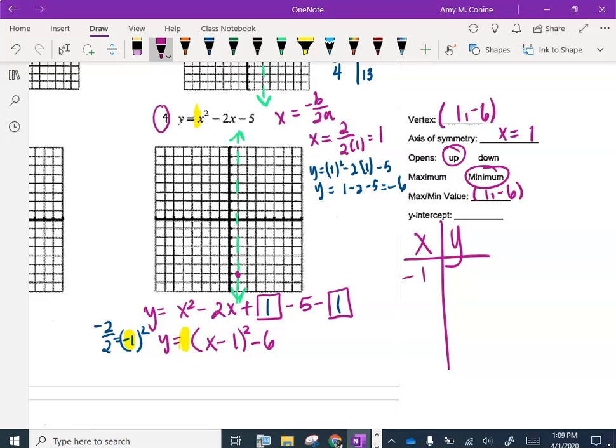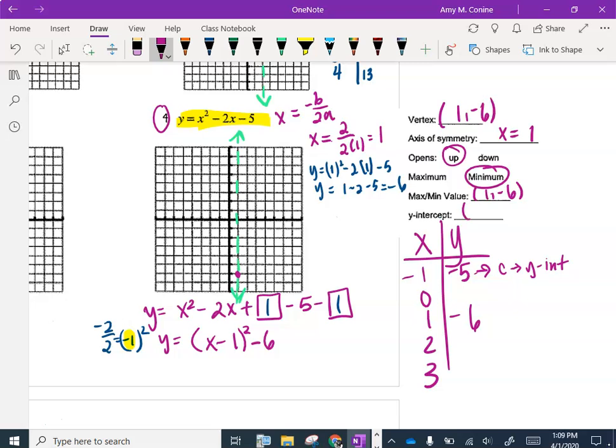So again, I'm going to do my 5 points. I know one of my 5 points because that's my vertex. And because we have our standard form here, our expanded form, the x squared minus 2x minus 5, I know my y-intercept because that's my c value. Okay, so c, which is also my y-intercept.